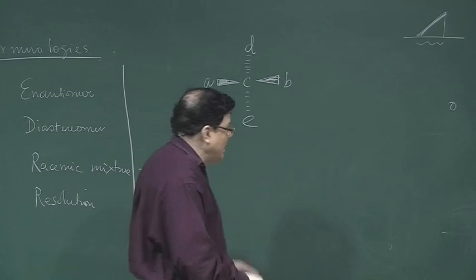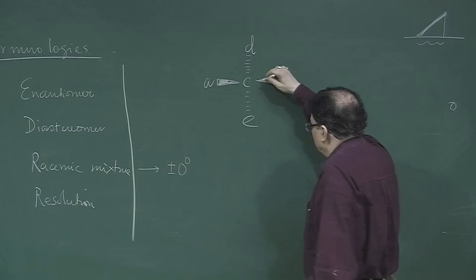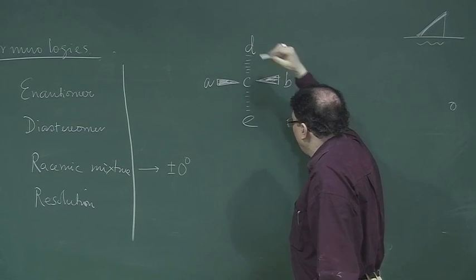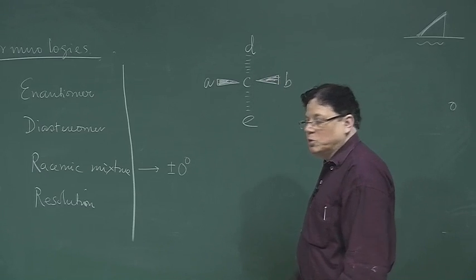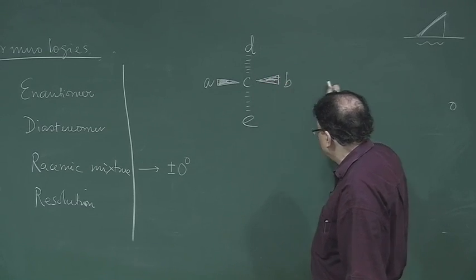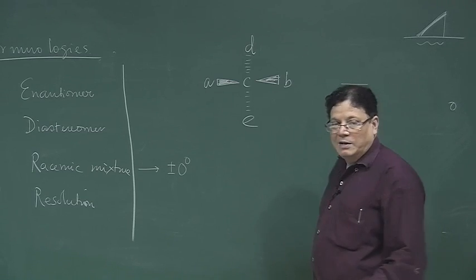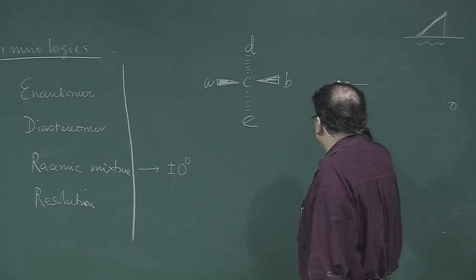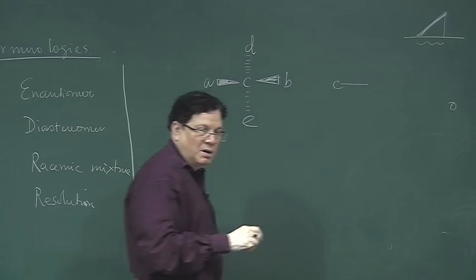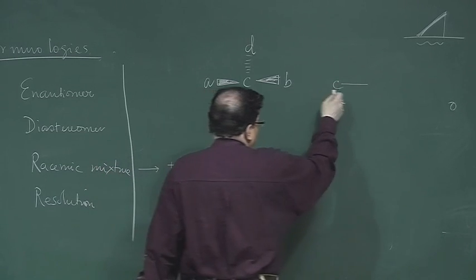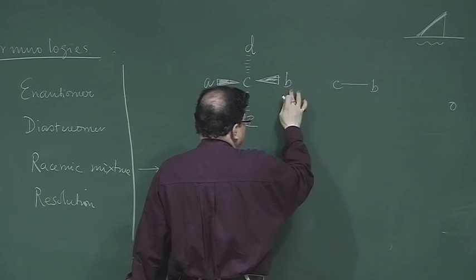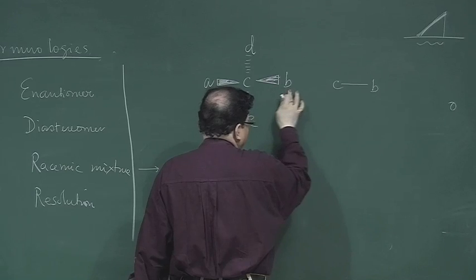Okay. Now, what do I do? I draw the projection of these bonds onto the plane of the board. When I draw the projection, this will go down and I get a simple line like this. For the moment we keep the carbon, but in Fischer projection carbon is not shown. So this is the projection of B, the bond connected to this carbon.